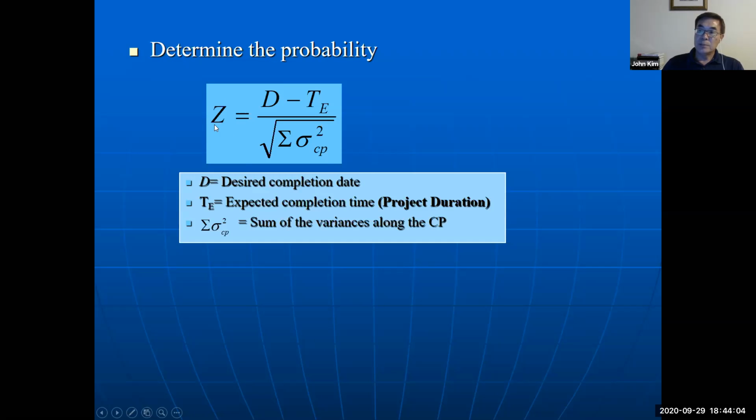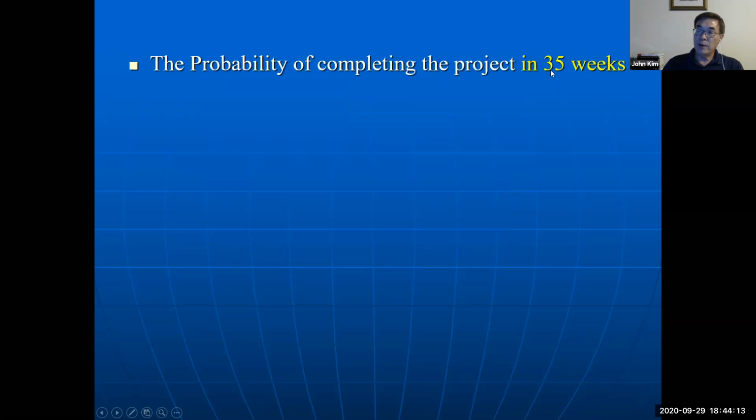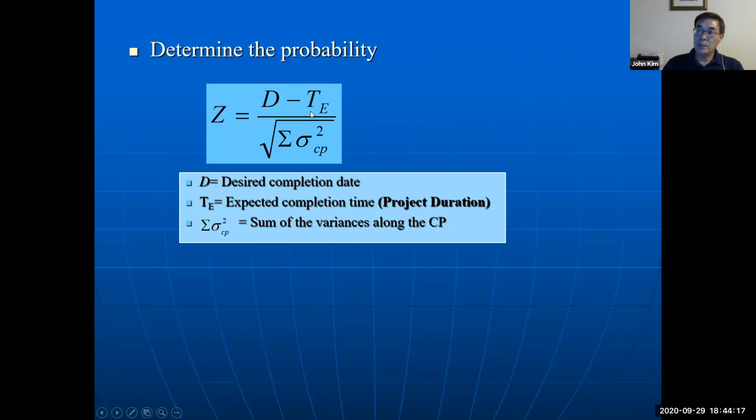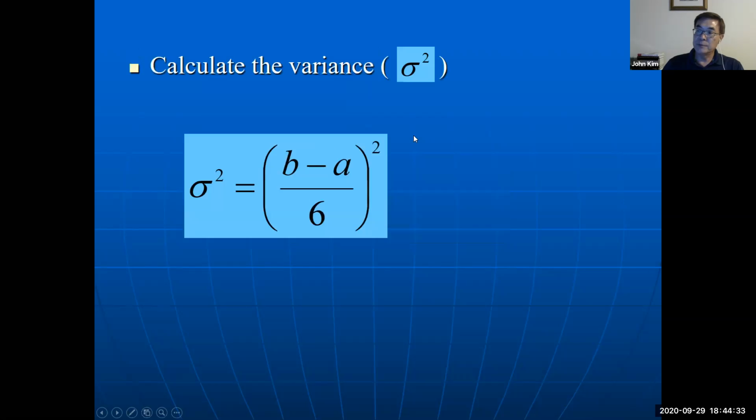Using the formula, Z equals D minus T. D is the desired completion time, that is 35, and minus T, the expected project time, 38, divided by the square root of the sum of variance on the critical path.